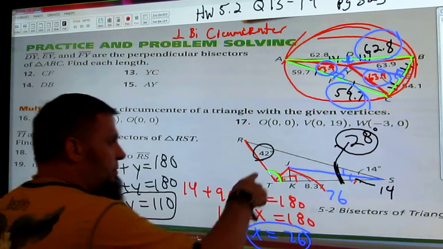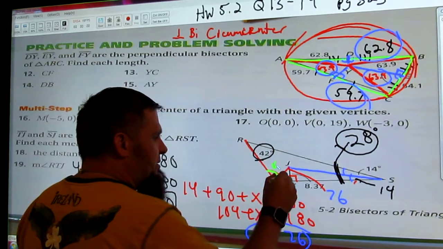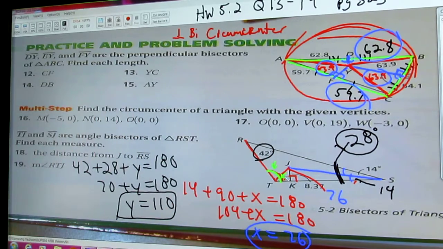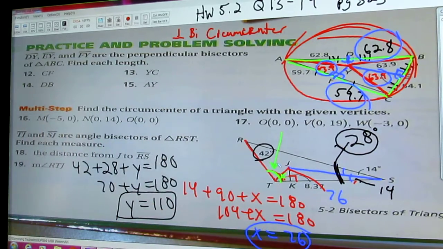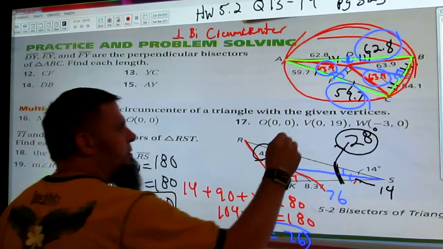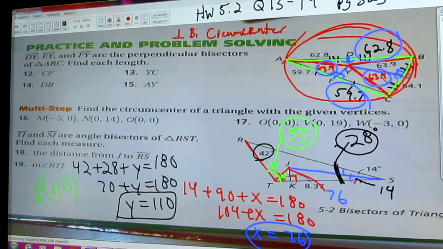This angle is congruent to this angle, so this angle has to be one half of the whole angle. One half of 110 is 55. So RTJ is 55.